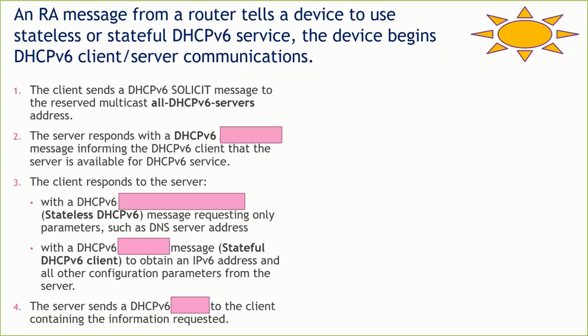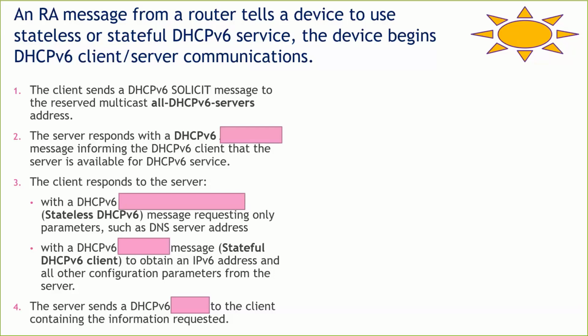So it's called a solicitation for IPv6. What is it on IPv4? A discovery, right? It's a DHCP discover. So with IPv6, they're trying to buy an address. IPv4, they're trying to discover an address.